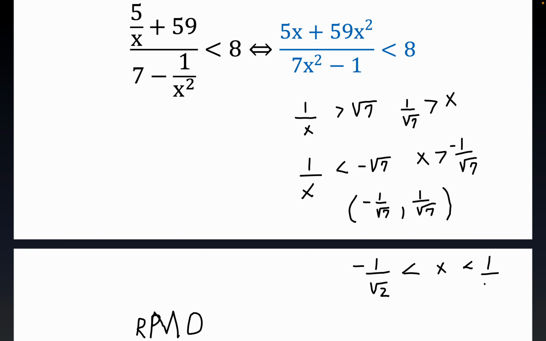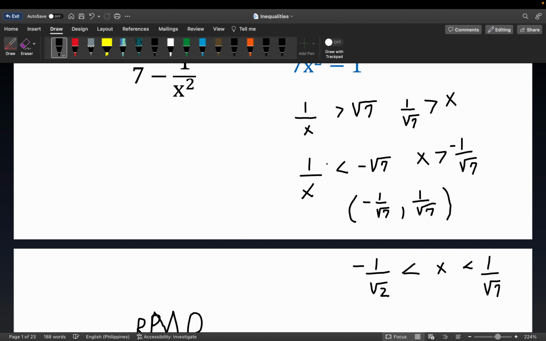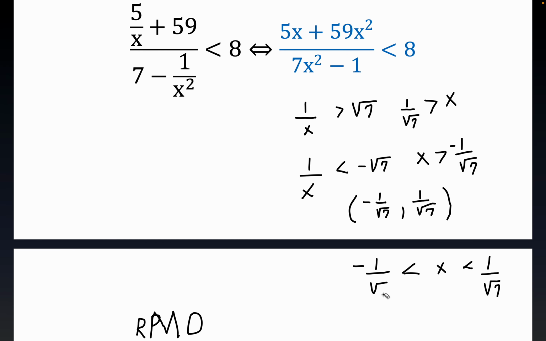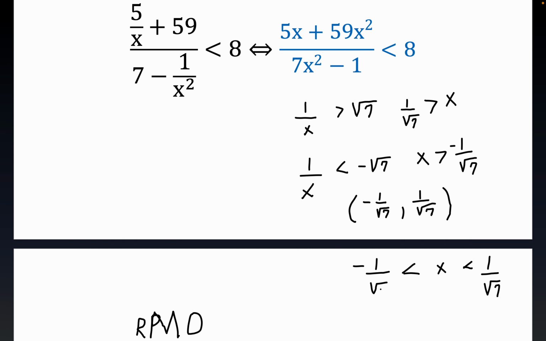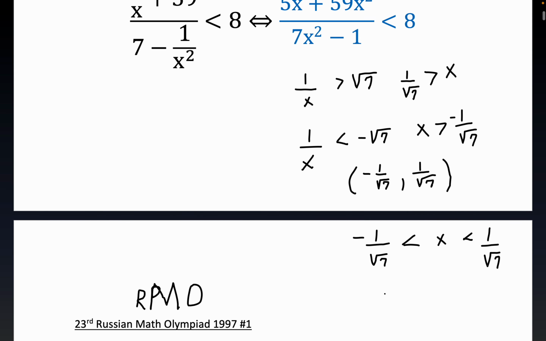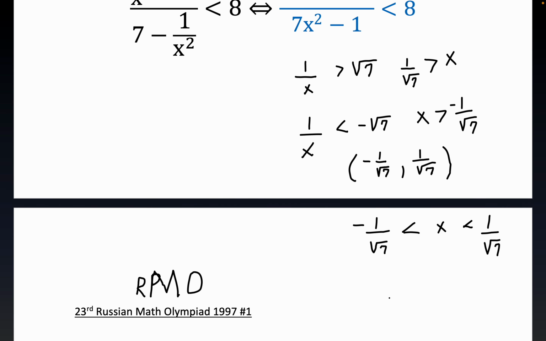Now, a lot of people believe in rationalizing this. You can if you want to, but we've solved the problem. Whoops, that's supposed to be root 7 right there. Okay, this is root 7. Now, again, it's kind of a piddling sort of thing.